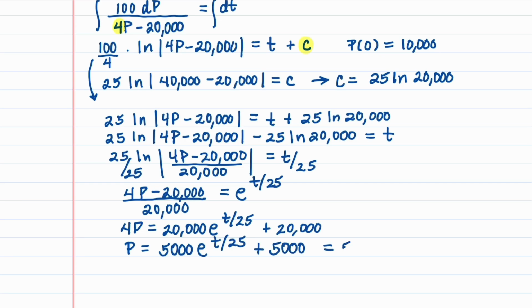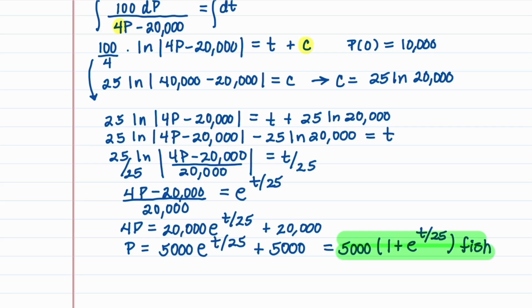And we can combine this, pull out the 5,000, and then we have 1 plus e to the t over 25. And let's put in units, we are working with fish. And there's the solution to our differential equation.